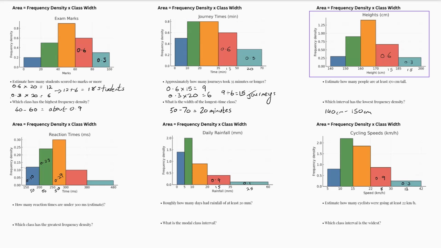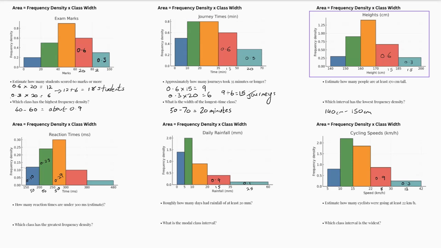I've already done this question for you so you can understand it. So the next bit you need to do is work out what's your gap in between each two. So 60 to 80 gives us 20. This is our class width. 80 to 100 is 20.